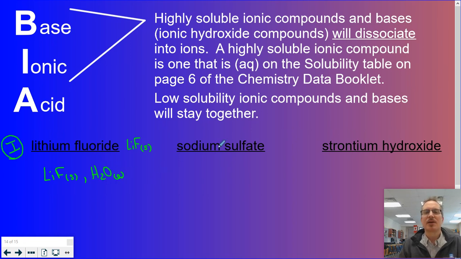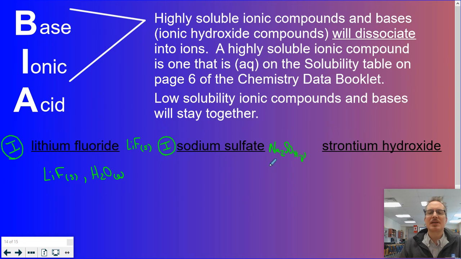Let's try another one. Sodium sulfate. Again, it's an ionic compound because it's made up of a metal and a non-metal. Sodium is a metal. When I check the solubility table, I would write it down as Na2SO4. This one is, of course, group 1, highly soluble.